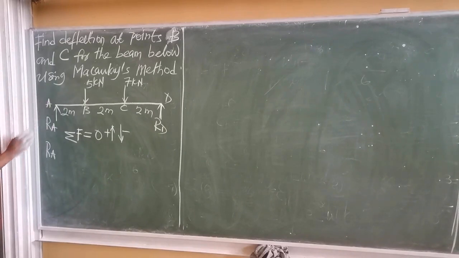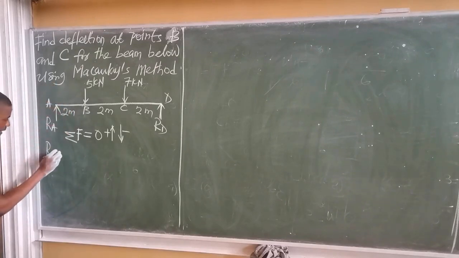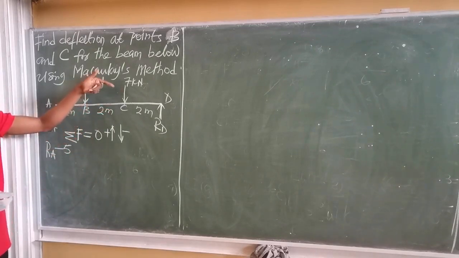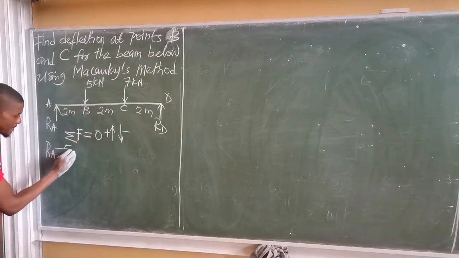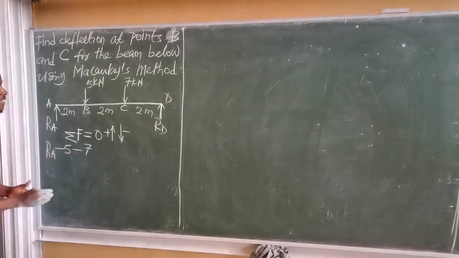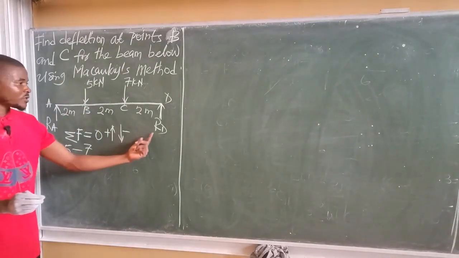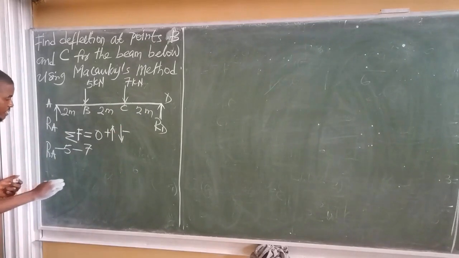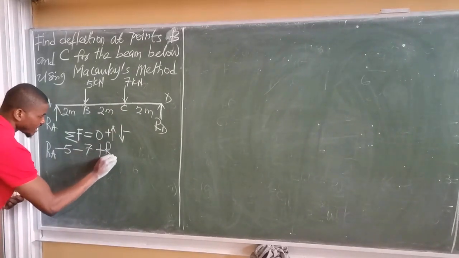RA is pointing upward, so it's positive. Next, we have 5 kilonewtons acting downward, so it's negative, minus 5. Also, we have 7 kilonewtons acting downward, so it's minus 7. And then finally on the beam, we have RD pointing upward, so it's positive, plus RD.